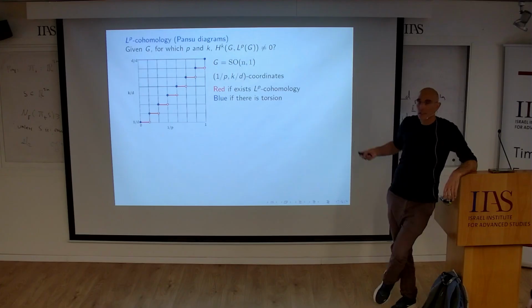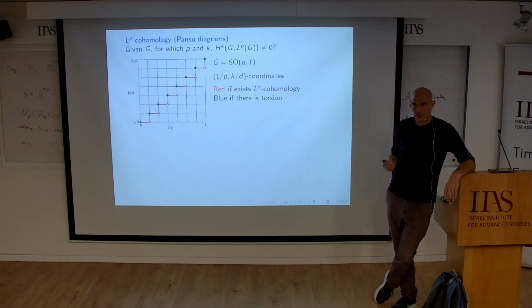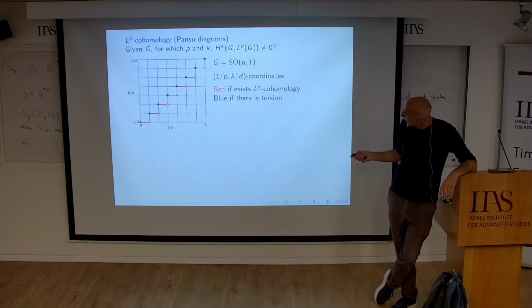Then I will see the L2 cohomology of the symmetric space, and this in fact depends on the parity of k. Maybe I will see some actual L2 cohomology coming from discrete series, or I will see some torsion, which in this picture is the blue point over here. The blue points represent torsion cohomology.